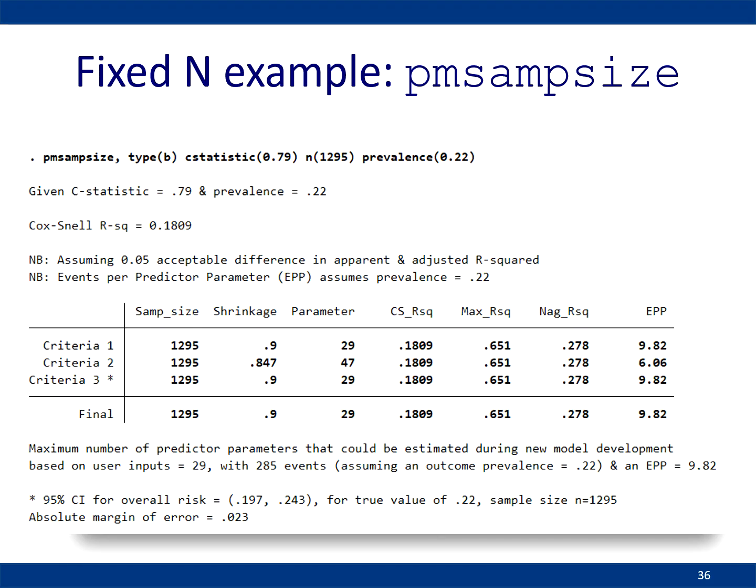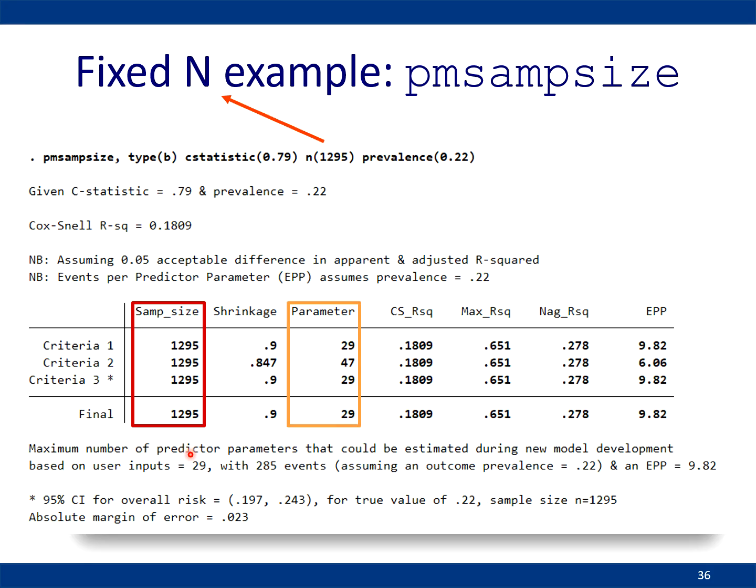So first of all, you can see that we have entered the C statistic of 0.79 as before, and we've now replaced the parameters option with the N option. And we can see here we've got our fixed N of 1295. I also specify the prevalence from the baseline table at 22%. So we can see here now that for all criteria the sample size is fixed at 1295.